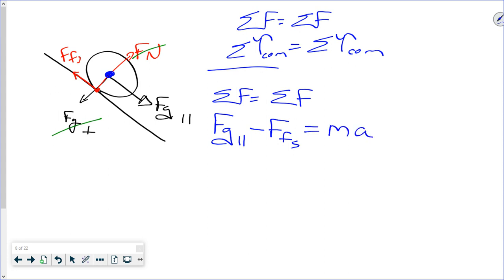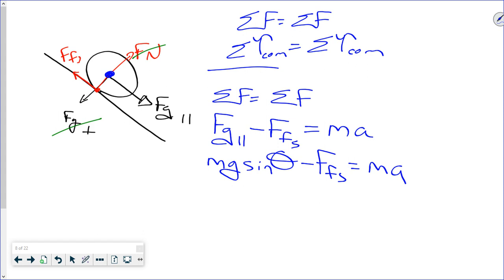All right, so let's do a couple substitutions. FG parallel is just mg sine theta minus our force of static friction is equal to mass times acceleration. So let's solve this for the force of static friction.